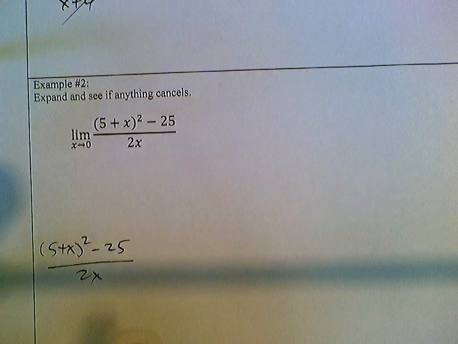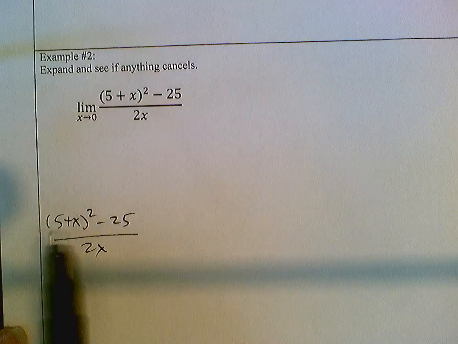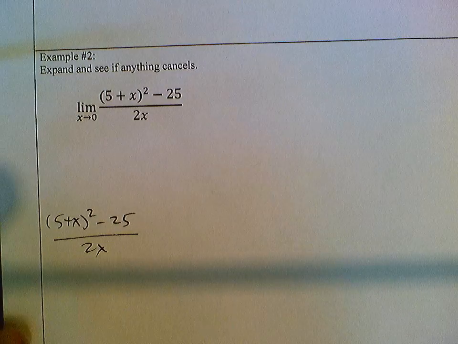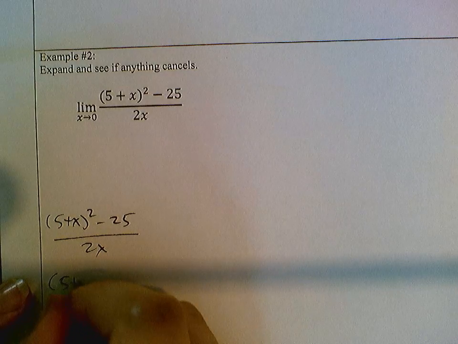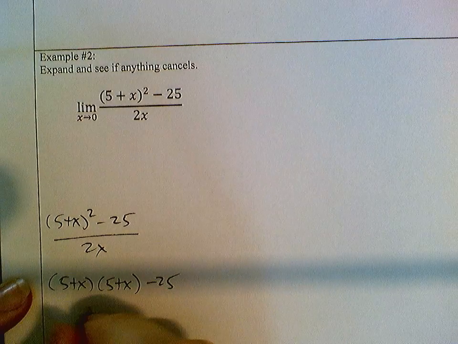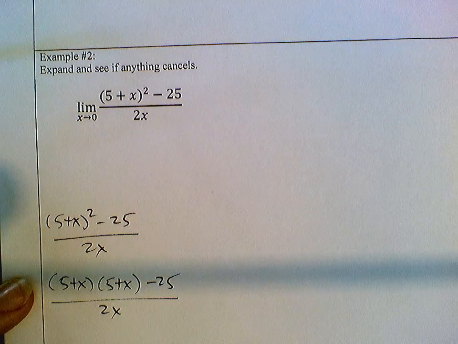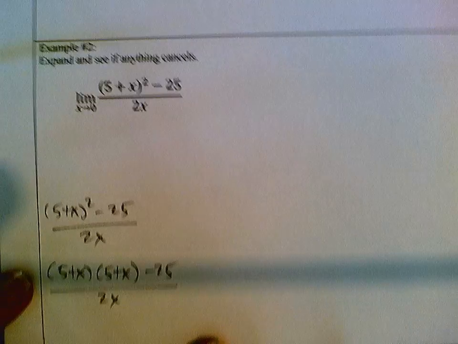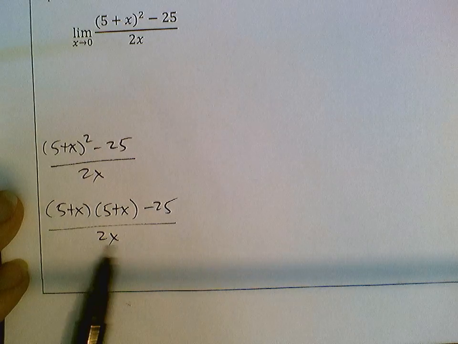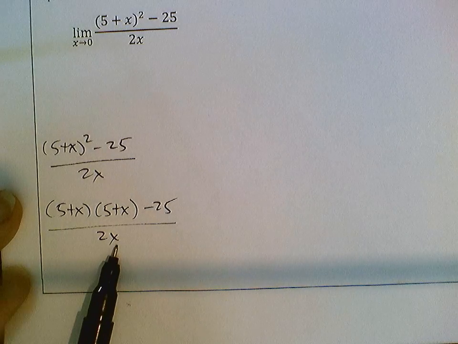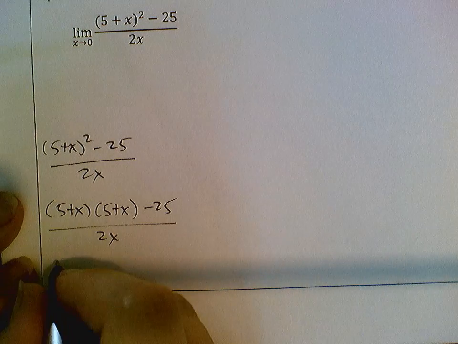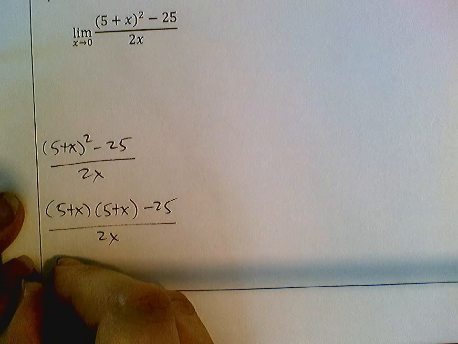And yes, we can. We can expand it. Okay, by expand, I mean actually multiply this out. So this is 5 plus x times 5 plus x minus 25 over 2x. All right, so I'm going to keep going. So what we want is for this x to cancel. Okay, if it does, then we can direct substitute. So I'm double distributing, or however you think of it.